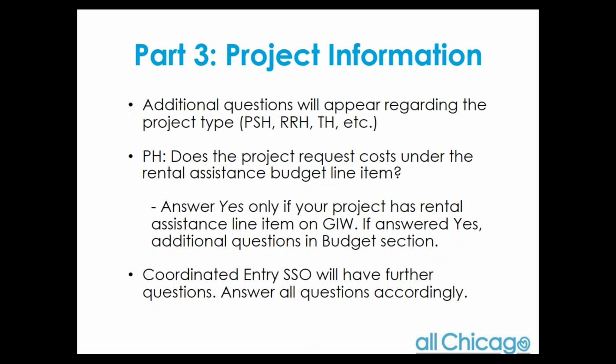If you do, please make sure you select that, and make sure that you do have an actual rental assistance line on the GIW. Again, the project application stage is not the stage to make changes and move budget money from one area to the other. You will need a grant amendment if you need to do that. Coordinated entry SSOs will have further questions that will be seen on this screen.